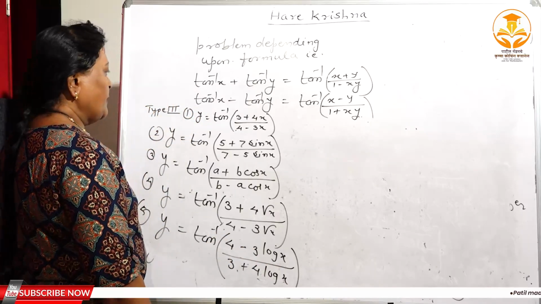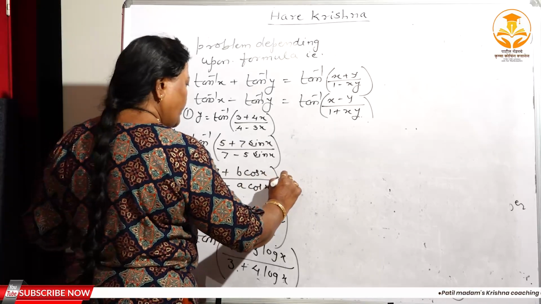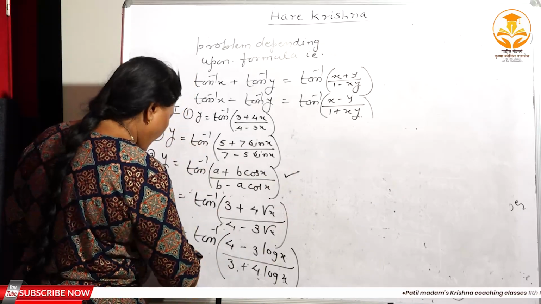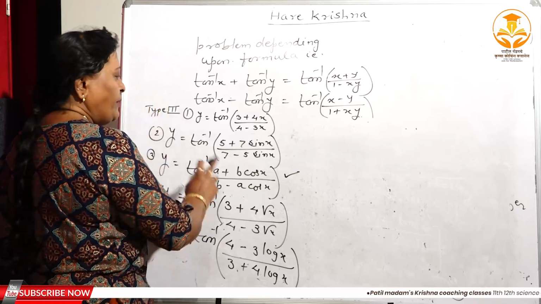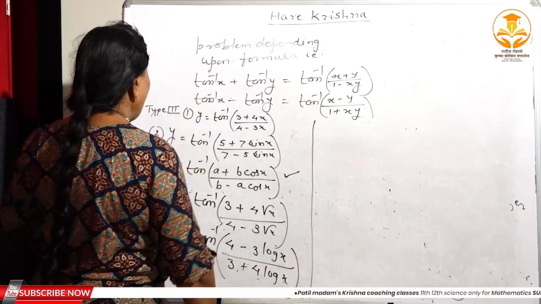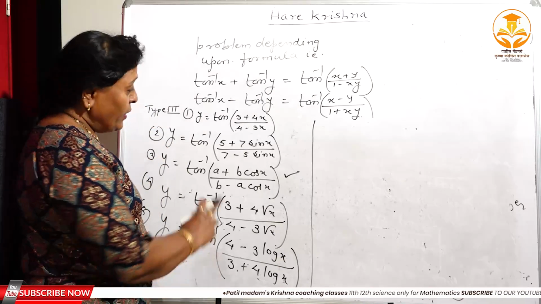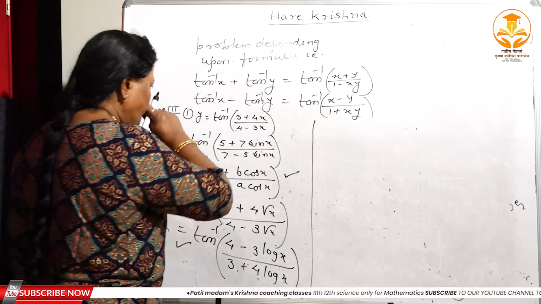Right? Now see, again very simple. I will take the third and the fifth one, and the remaining first, second, fourth, you have to do yourself. Write down the problem, isn't it?